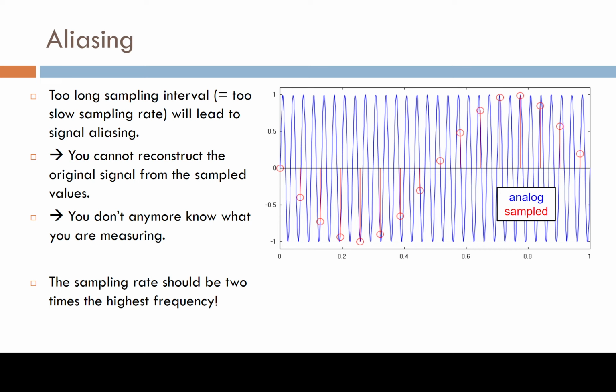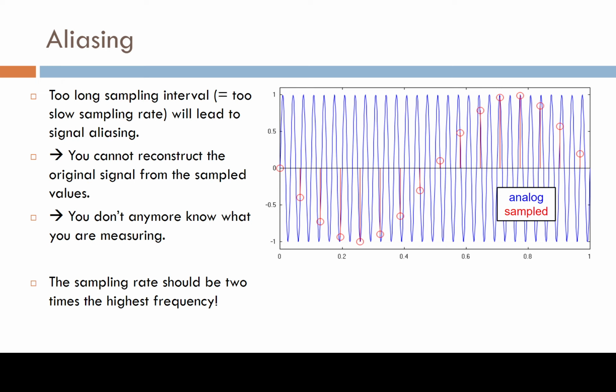So to avoid aliasing, the sampling rate should be at least 2 times the highest frequency in the signal. For audio signals in the 20 hertz to 20 kilohertz range, you need at least a 40 kilohertz sampling rate.